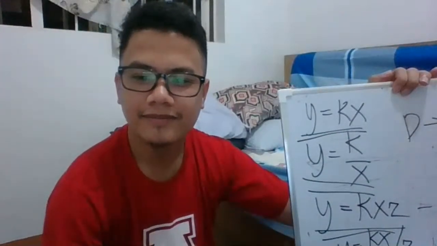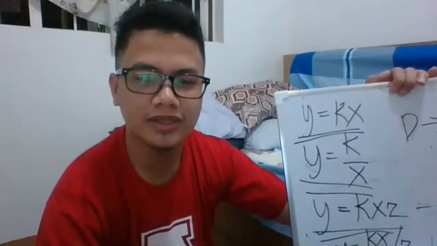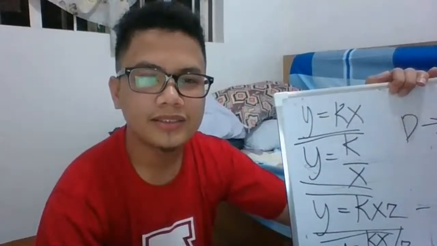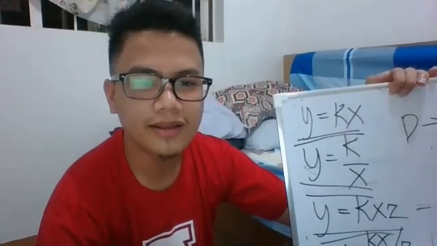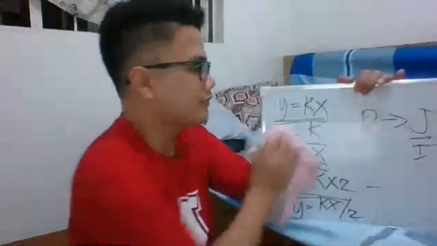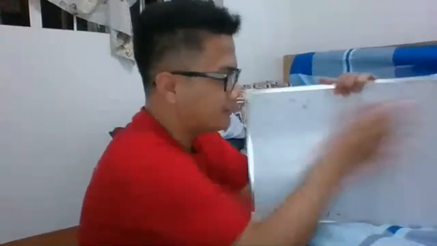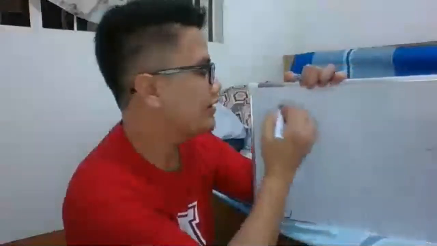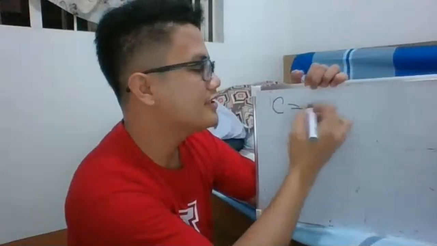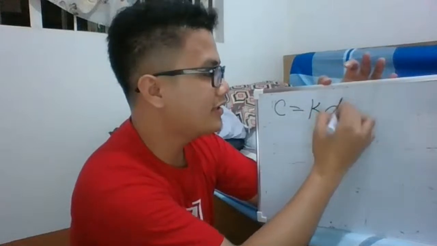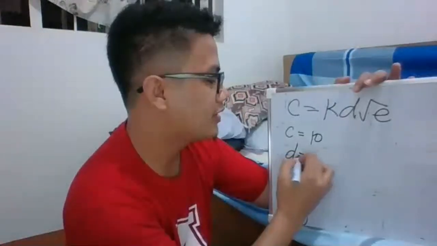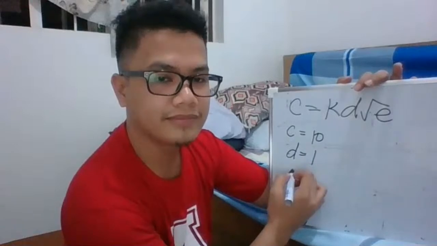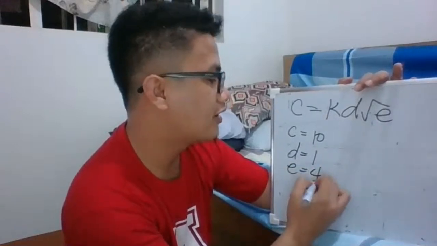Okay. Sige, magbigay tayo nung may square root na lang. Para manahimik. Sige, example. If C varies jointly as D and D equals 1 and E equals 4.